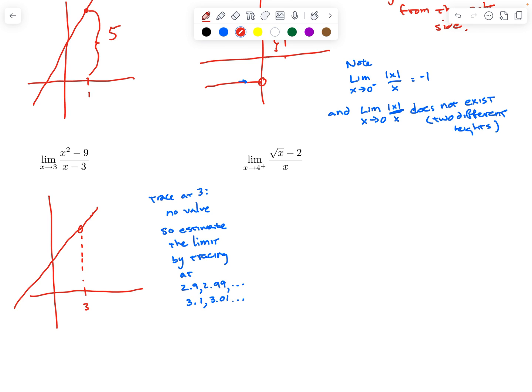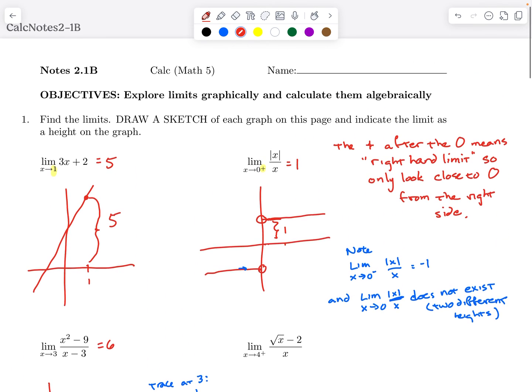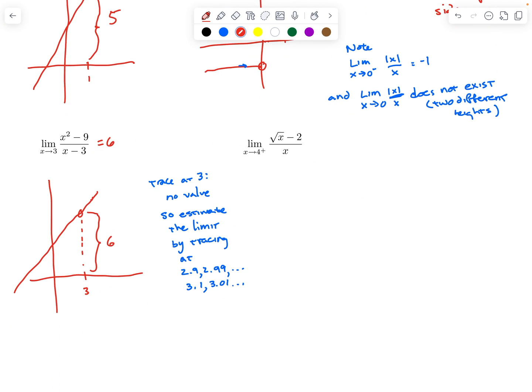And you get values like 5.99 and 6.01 and so forth. This limit is 6.